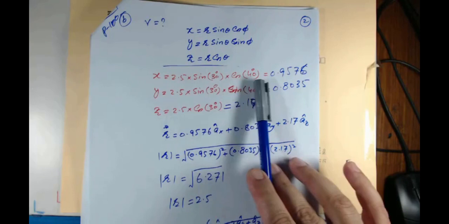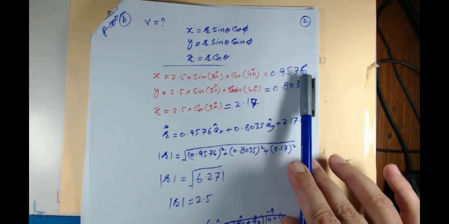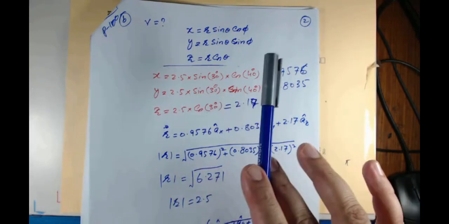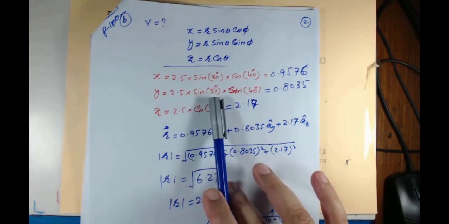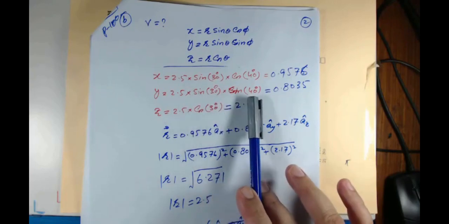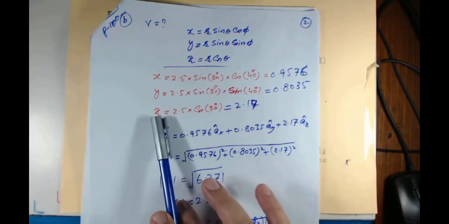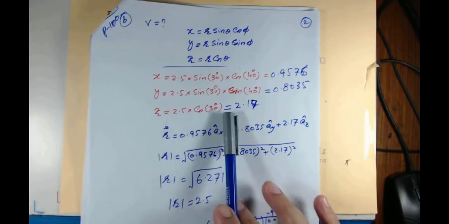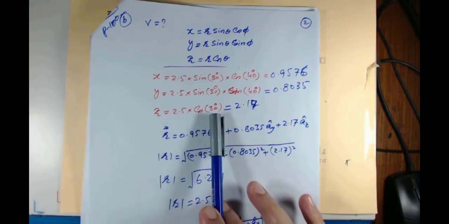So using calculator, we obtain the value of x, which is equal to 0.9576 meter. Similarly, y, for the same point in which R is equal to 2.5, theta equal to 30, and phi equal to 40 degree, is equal to 0.8035. Using calculator, we obtain the value of z in a rectangular coordinate system for the spherical coordinate variables, that is r equal to 2.5 and theta equal to 30.